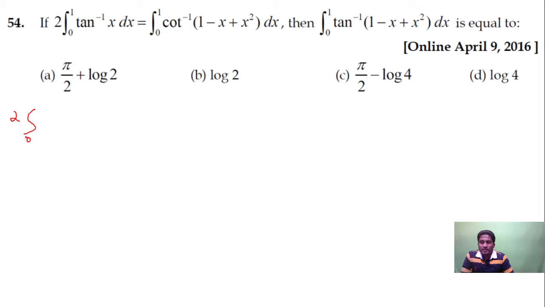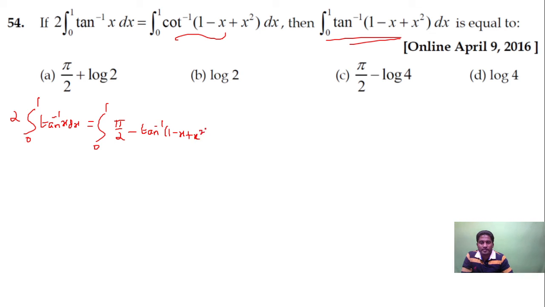2 times integral 0 to 1 tan inverse of x is equal to integral 0 to 1. Using this, I am supposed to find out the integral value. Cot inverse of x is equal to pi by 2 minus tan inverse of x, right? Because tan inverse plus cot inverse is pi by 2.